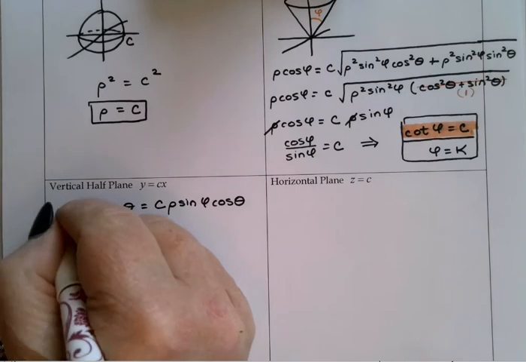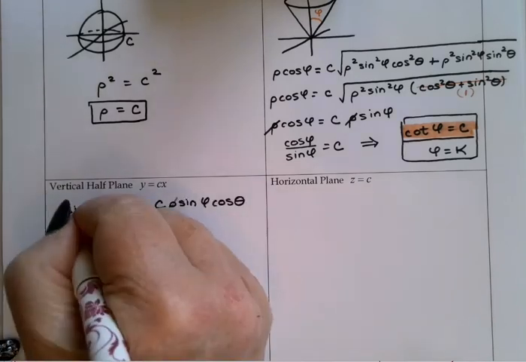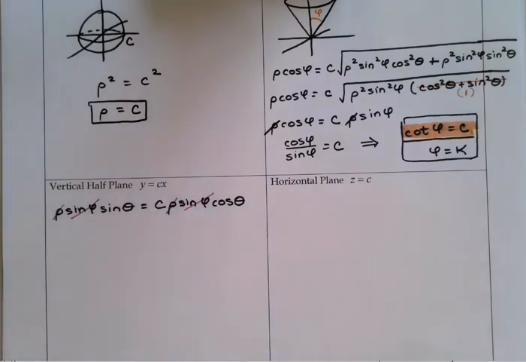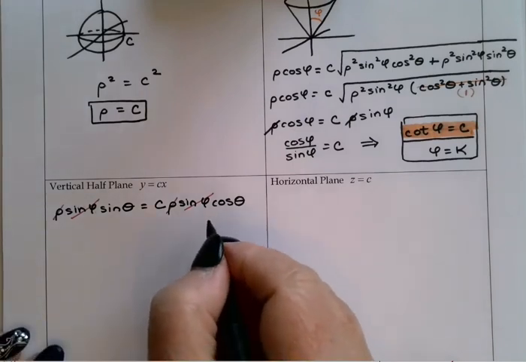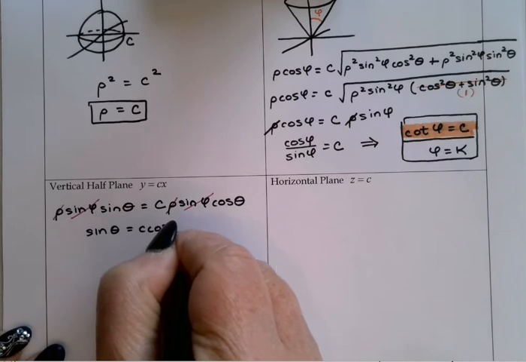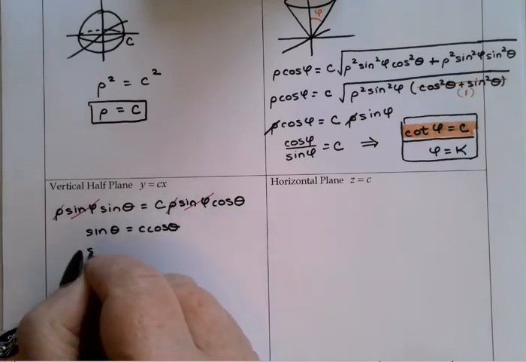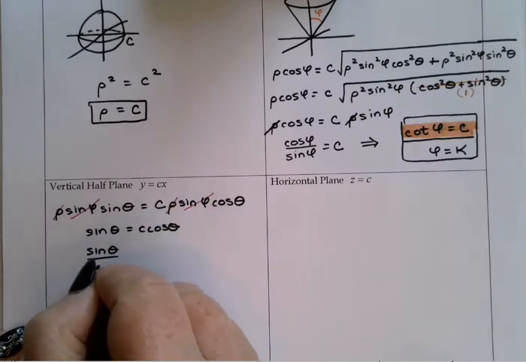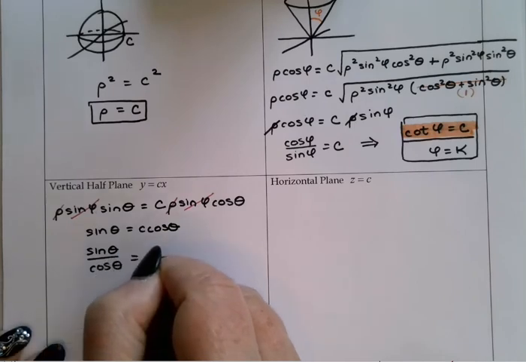I'm going to divide out a rho and also a sine phi from both sides. So I have sine theta equals c cosine theta, or sine theta over cosine theta equals c.